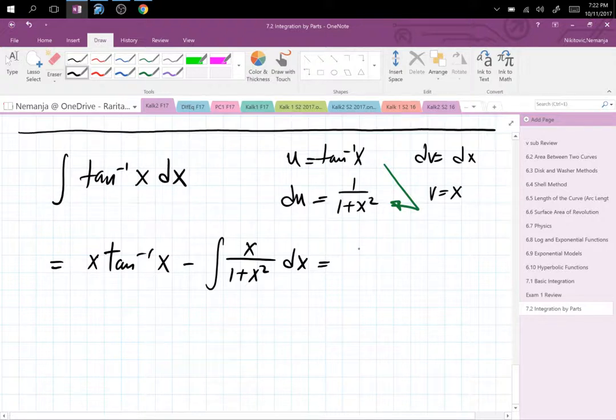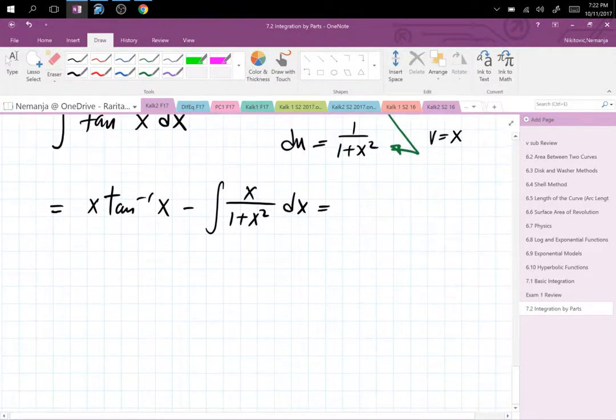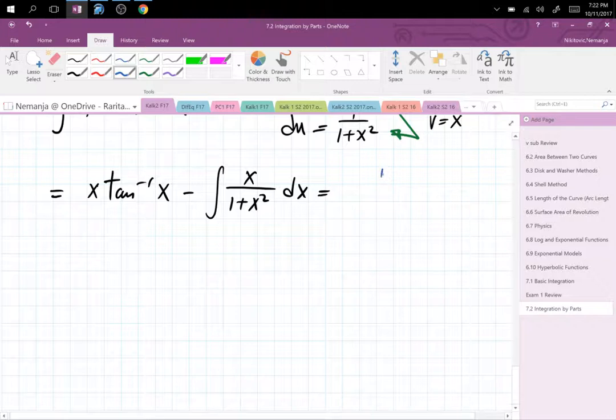U sub. So we have u equals 1 plus x squared, du equals 2x dx. I don't have a 2, so we put 1/2 and 2 in. Go from there.